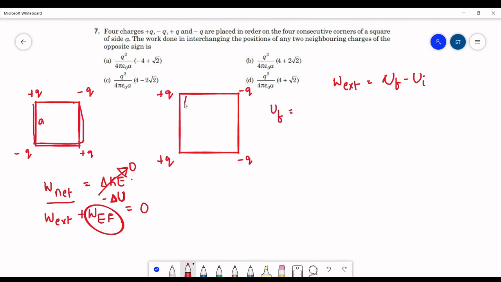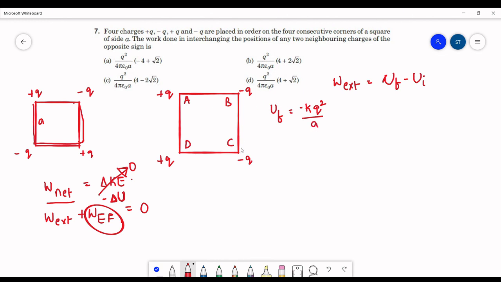Here let us name this A, B, C and D. There will be 4 neighboring pairs here, that will be AB, BC, CD and DA. So the potential energy for these neighboring charges will be, first for AB, kQ1Q2 upon a.